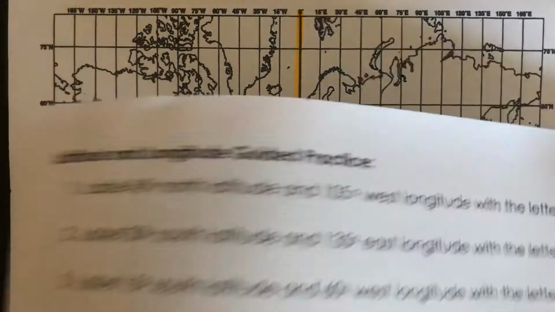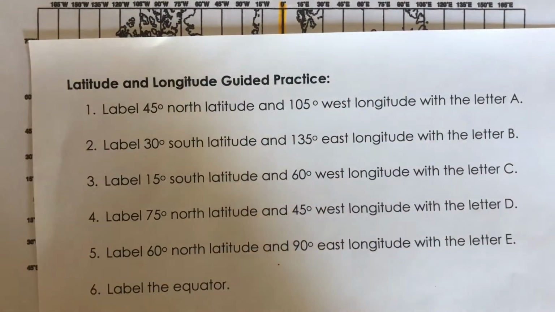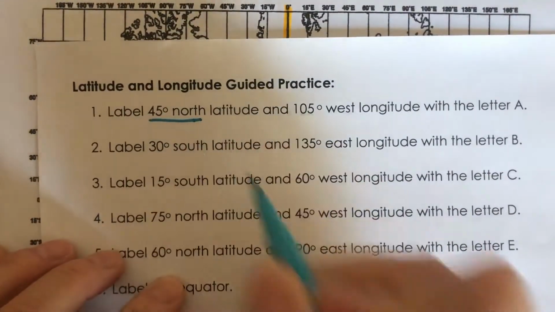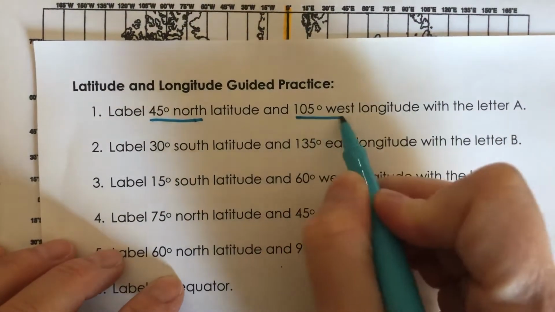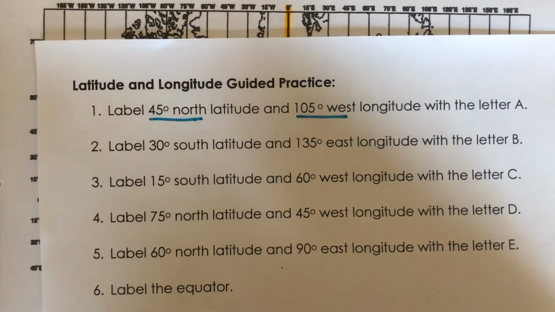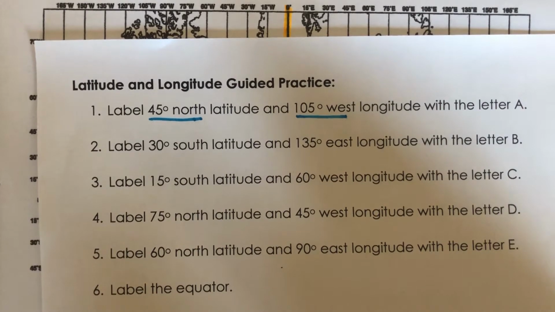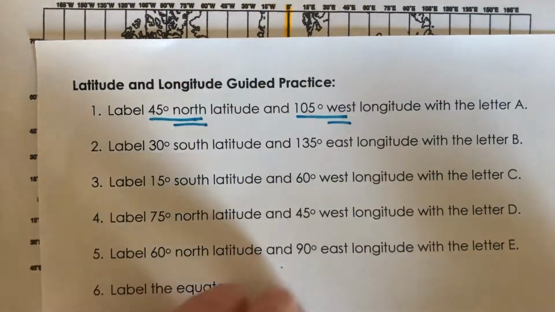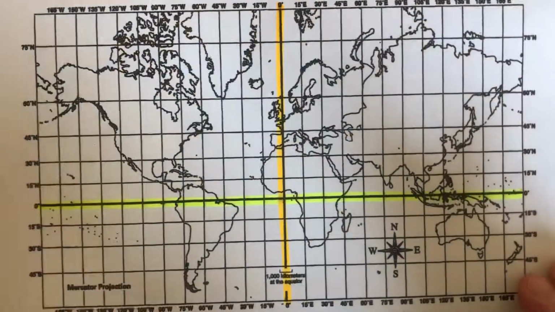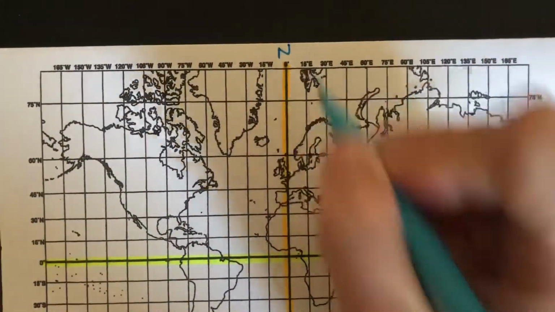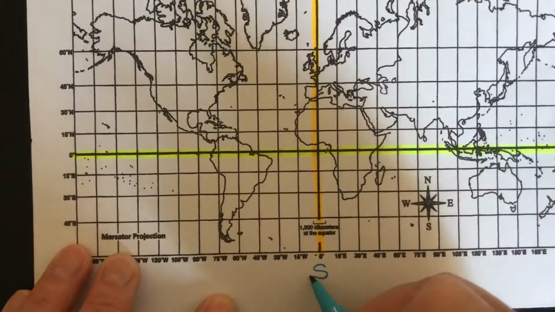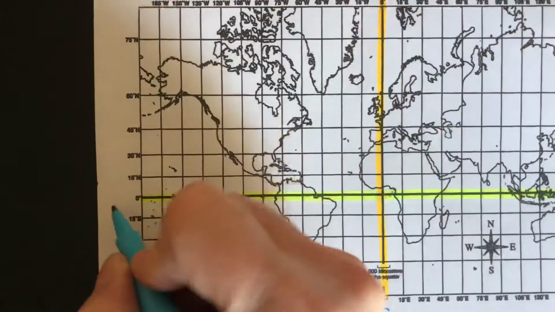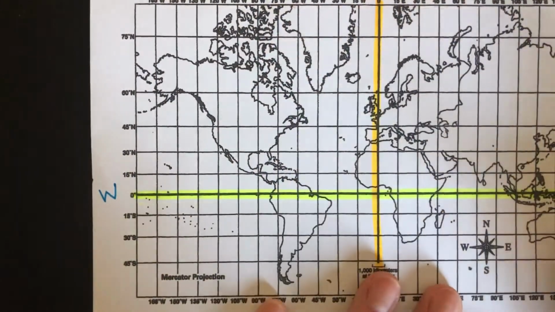Example number 1 that we did in class asked us to label 45 degrees north and 105 degrees west. And I said the very first thing you should do is figure out which section of the map you are in. So the words to pay attention to are north and west. We had labeled our map in class, and I said to put an N here and an S here for north and south, and west and east spell we.